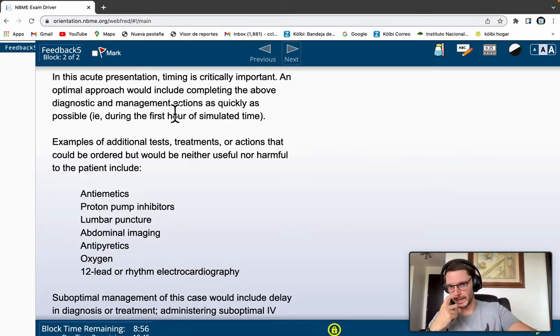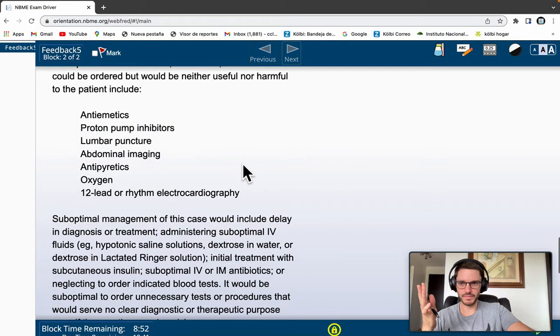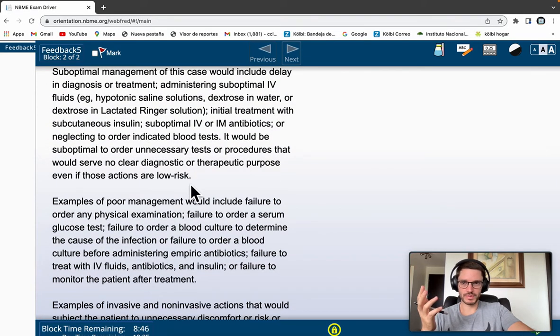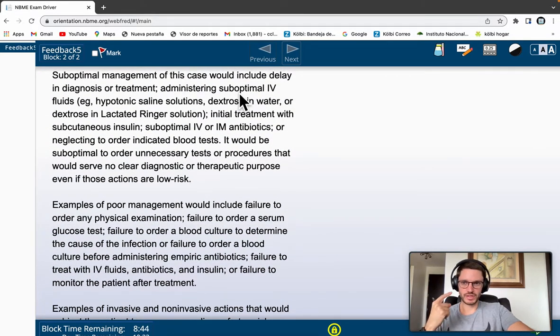Okay, and additional tests that could be ordered that wouldn't change a thing. I didn't ask for any of these. But let's see, suboptimal management that could delay diagnosis or treatment. Administering suboptimal IV fluids, yeah, we didn't do that. Initial treatment with subcutaneous insulin, we didn't do that.